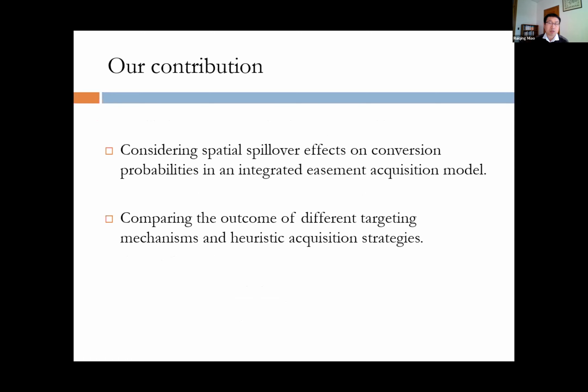And just to mention a little bit about our contribution. So in this paper, we focus on the spatial spillover effect on conversion probability. We try to model this and to consider this in an optimization framework. We'll also compare the outcome of different targeting mechanisms and heuristic acquisition strategies.